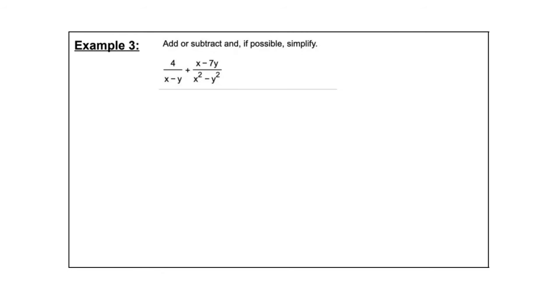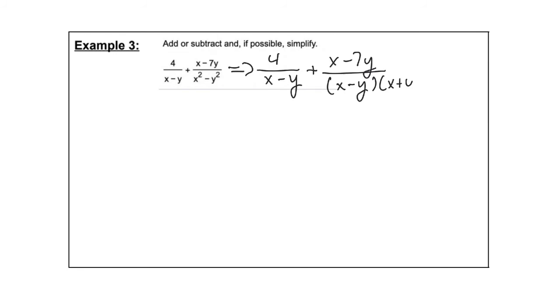All right, so now looking at example 3, I'll help you factor this first step. We leave the first numerator and denominator the same. We factor right here. X squared minus y squared is another special case, so we get x minus y times x plus y.